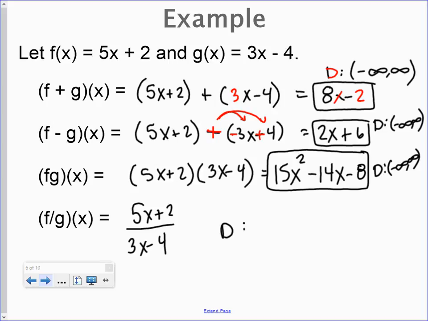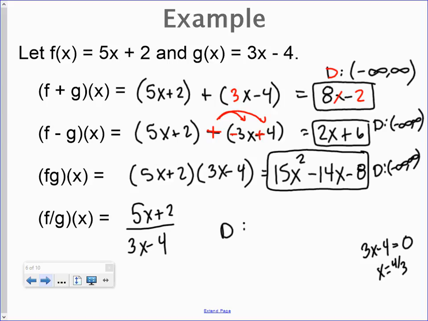It's crazy. What's going to be the problem with our domain here? We can't have 4/3, right? We're focused on the denominator, which is 3x minus 4. The denominator cannot equal 0, so you could set your denominator equal to 0 and figure out what that value is. It ends up being 4/3.